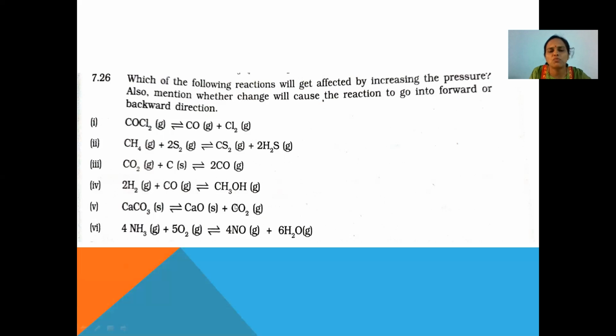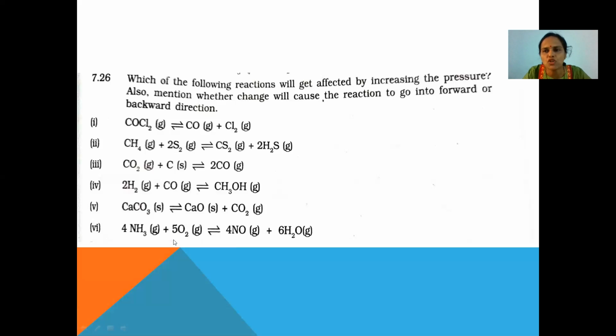So since the number of moles on the product side is greater, with increase in pressure, the reaction proceeds in the backward direction. Next, 4NH3 plus 5O2 gives 4NO plus 6H2O. Here 10 moles of products are there and 9 moles of reactants are there. Again, the number of moles on the product side is greater in comparison to the reactant side. So the reaction proceeds in the backward direction.